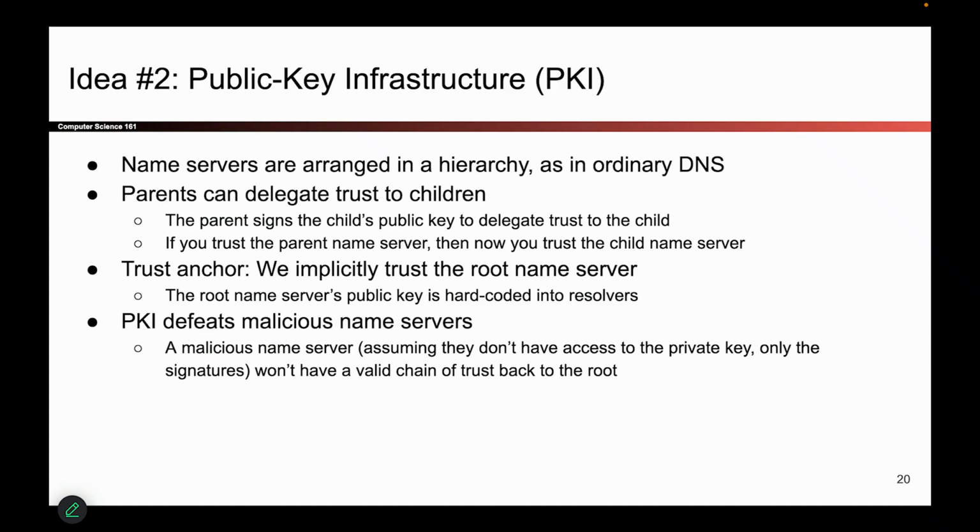So everybody knows the root name server's public key, and they know that if you verify something with that public key and it checks out, you know it's trustworthy and it's good. So this public key is just a piece of information that everyone knows. It's not something that an attacker can tamper with because it's a piece of information that is very well known. It's like the planet that we're on.